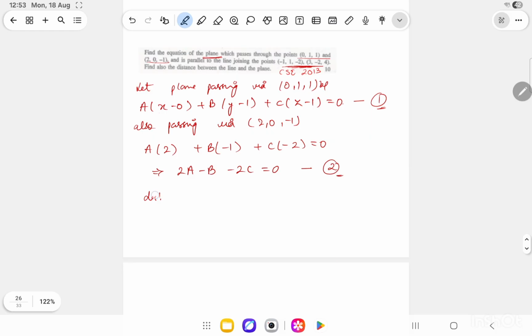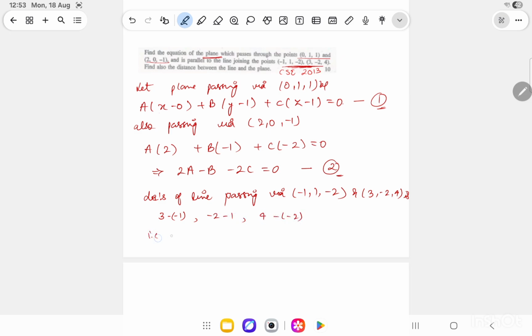So direction cosines of the line passing via (minus 1, 1, minus 2) and (3, minus 2, 4) is 3 minus (minus 1), minus 2 minus 1, 4 minus (minus 2).